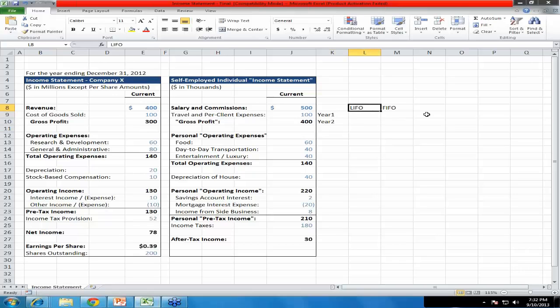Okay, so let's say that this year we bought product for $20, and next year we bought product for $25. LIFO stands for last in, first out. FIFO stands for first in, first out.